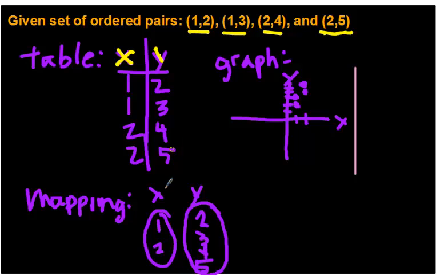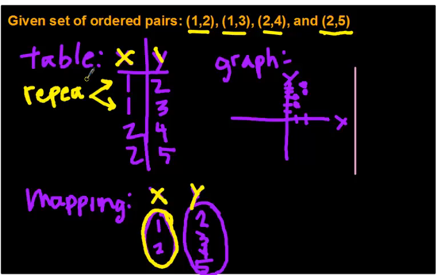But notice there is something different about the mapping. Previously, we had four x values in our table, so we had four x values in our mapping. But in this particular situation, we only have two x values because technically we have two x values that repeat.